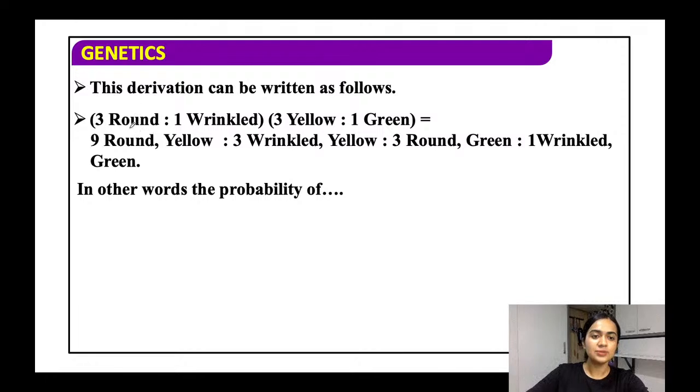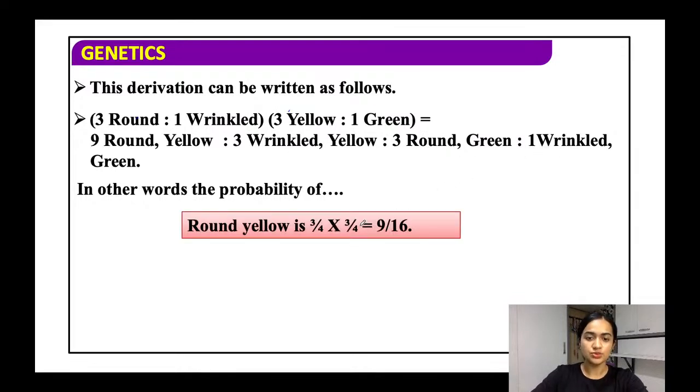That means it will produce 9 round and yellow. Alright, so when this and this will cross, it will produce 9 round and yellow. It will have 3 wrinkled and yellow, and it will again have 3 round and green along with 1 wrinkled green. So in other words, the probability of round yellow is, see, round we have 3 and yellow we have 3.